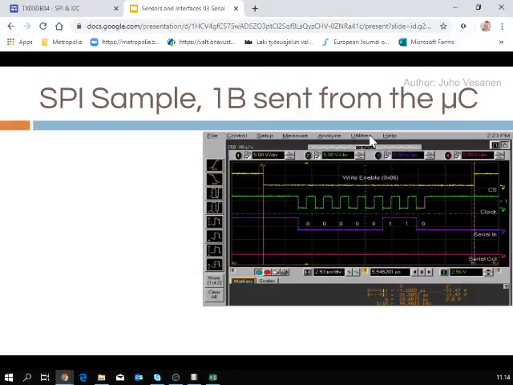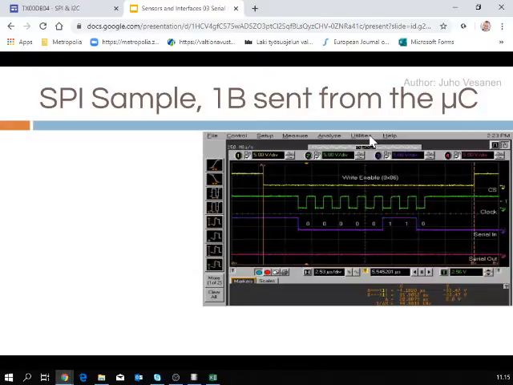Write enable goes down, that's the clock, and then serial in, that's the MOSI signal. And basically it has sent either hexadecimal 0, that's 6, right? Yeah, or 6, 0.